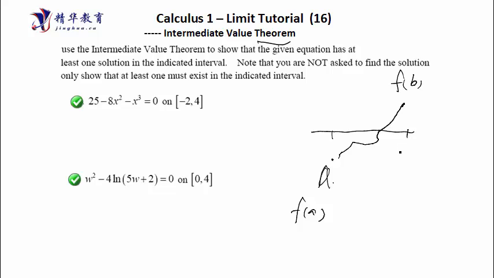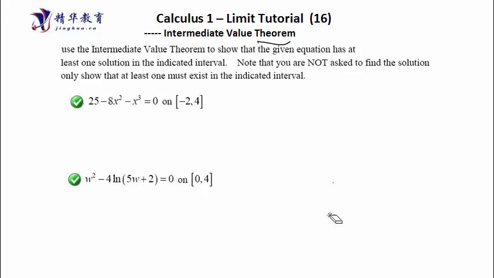Okay, let's see the question here. We're going to use the Intermediate Value Theorem to show that the given equation has at least one solution. Look at this phrase, at least one.